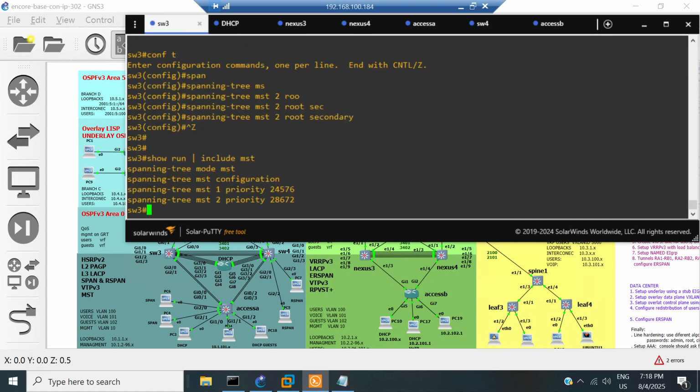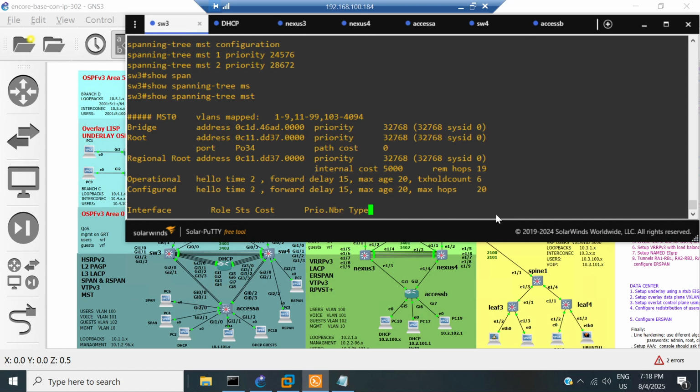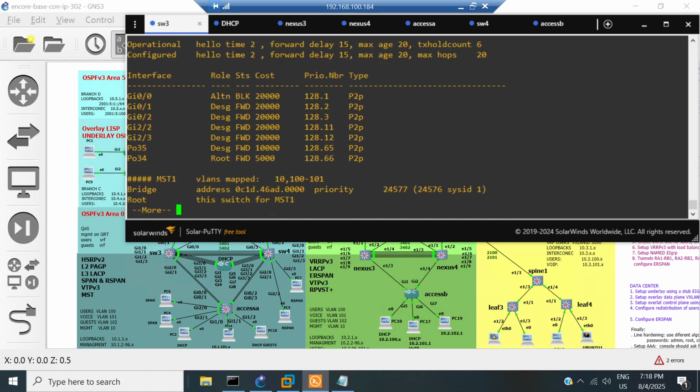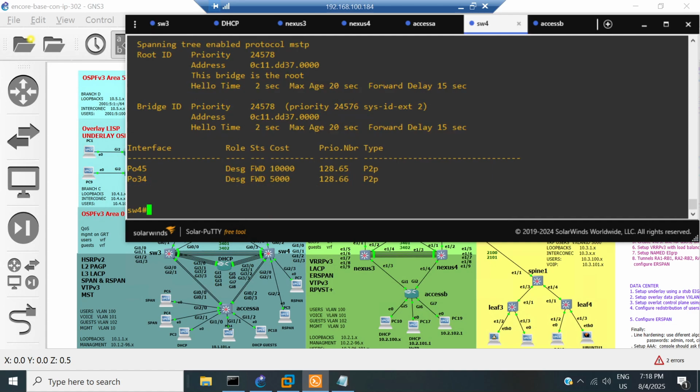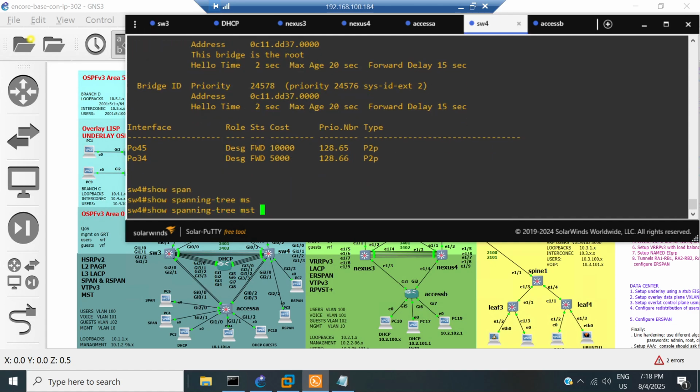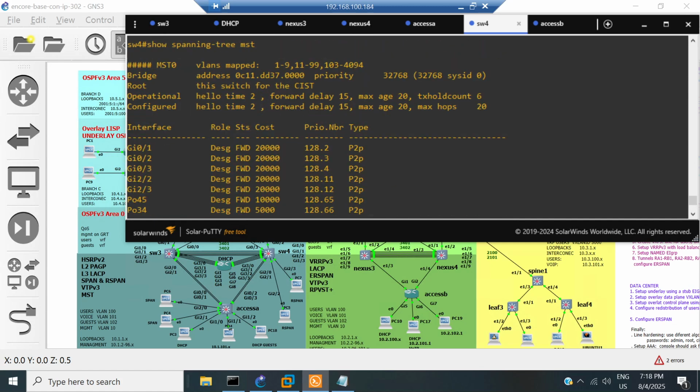What else? What if we show spanning tree MST? It seems that this is not a regional root. If we show spanning tree MST, this switch is the root for the whole domain.